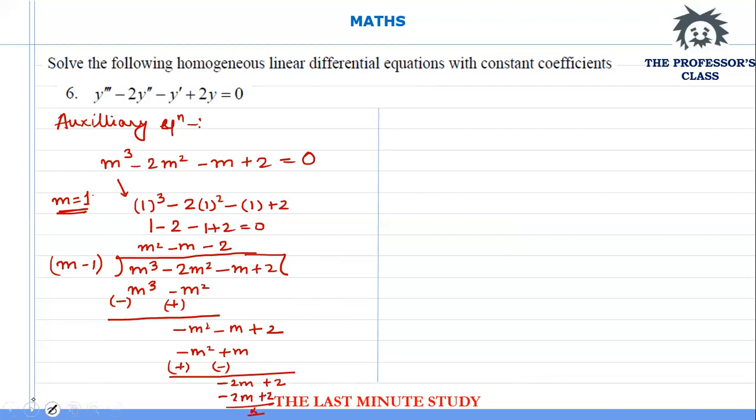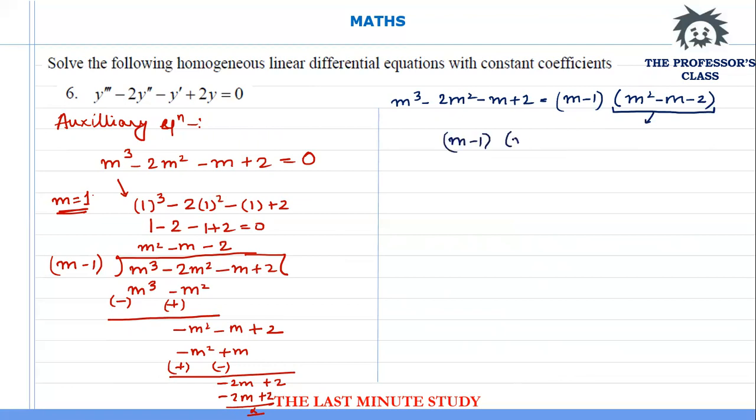So simply I can write it like this: m cube minus 2m square minus m plus 2, which was my auxiliary equation, is the product of m minus 1 and m square minus m minus 2. Now for my convenience, I will further factor this by splitting the middle term. So I'll get m square minus 2m plus m minus 2.